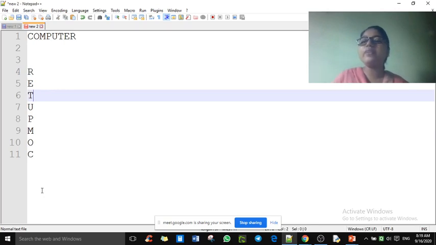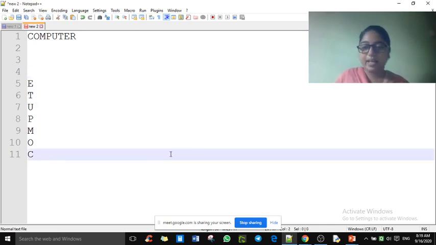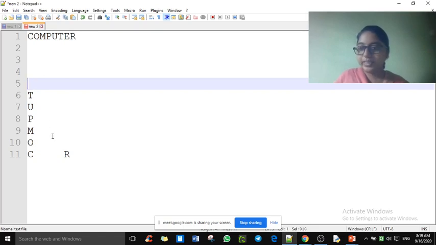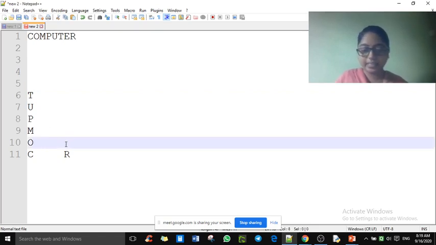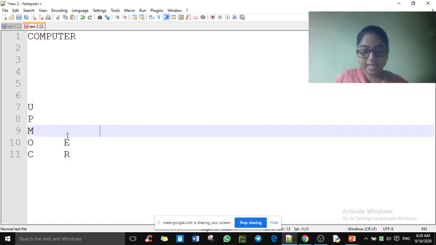Now how will I remove the elements? I will remove first which element? R. Say I removed it from here and I place it here. Then I will remove E. I will place that E here. Then I removed T. I placed that T here.